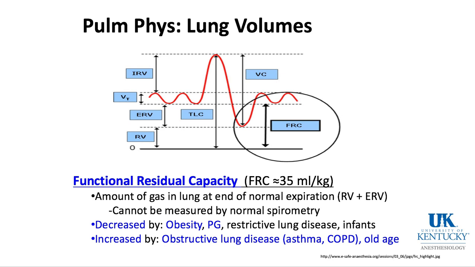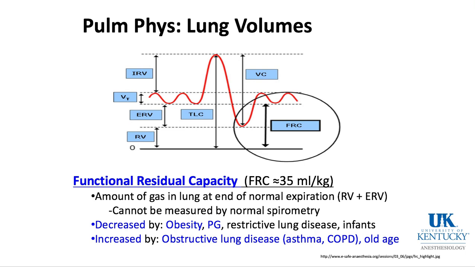That is the gas that's in your lung after you exhale, and that's like when you induce a patient and they stop breathing, and you've pre-oxygenated them with 100% oxygen, the FRC is full of oxygen. And the FRC normally is about 35 mils per kilogram, or approximately 2.5 liters.